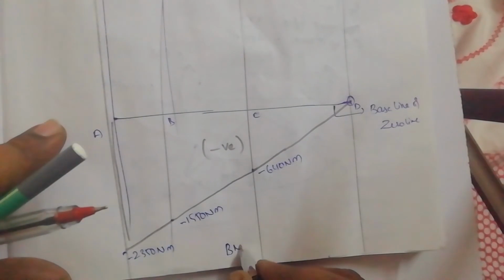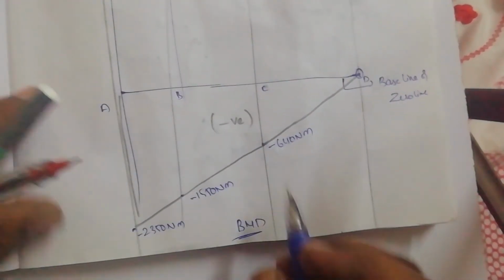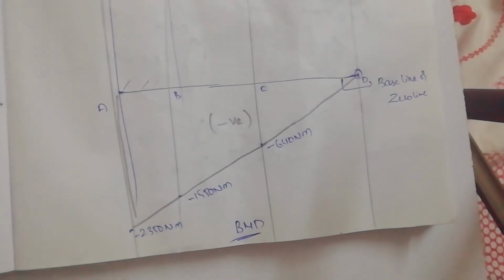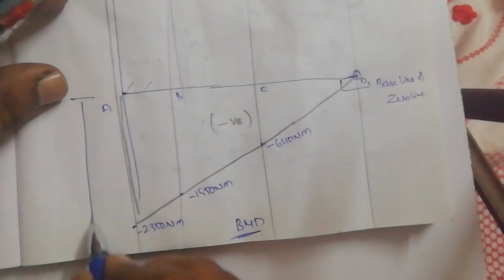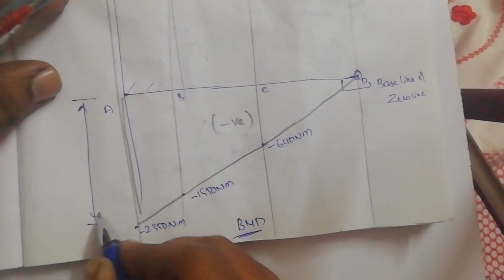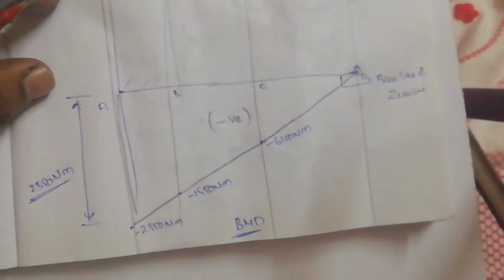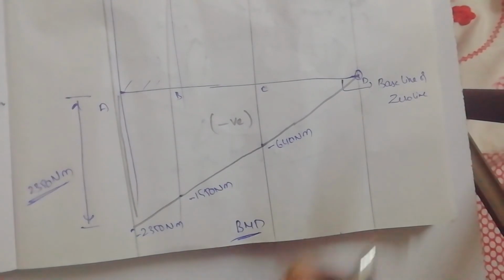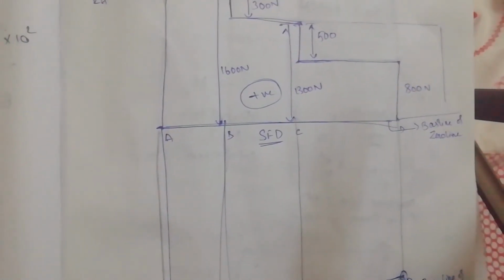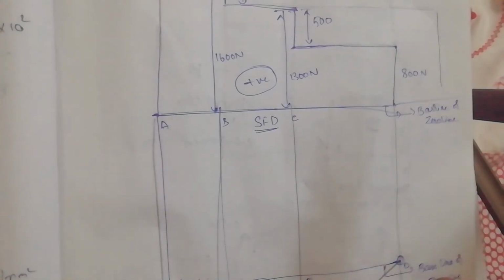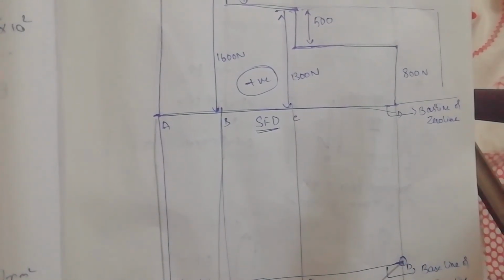So this is your bending moment diagram. In this way you have to draw. This entire length is 2350 Newton meters. In this way you have to draw the shear force and bending moment diagram. We will discuss the next problem in the next lecture.